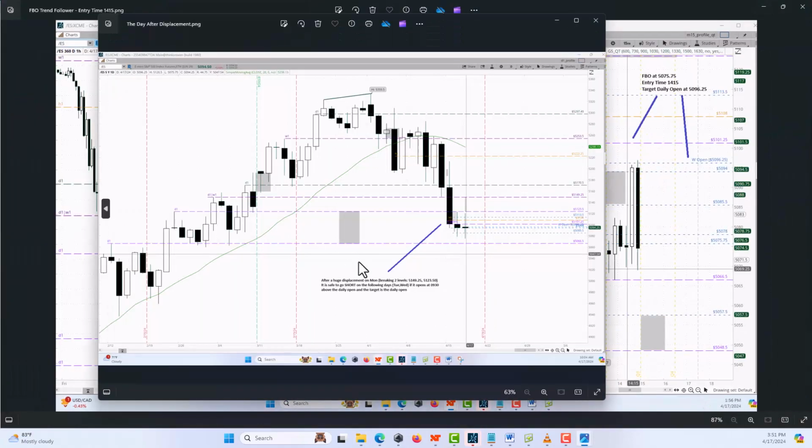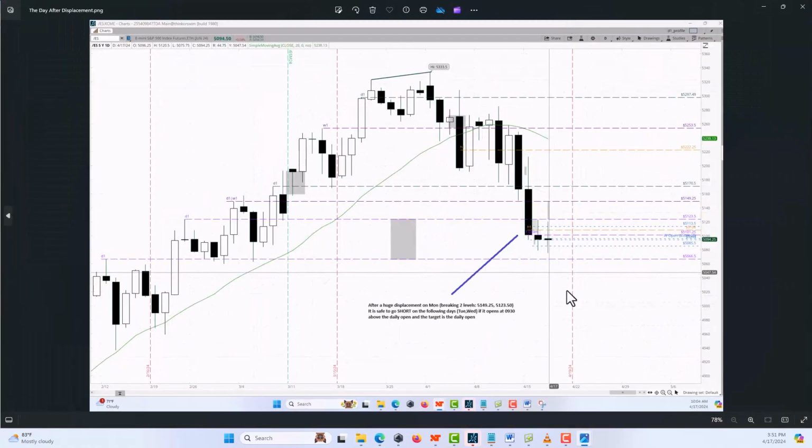And another thing we learned is the concept right here. After a huge displacement on Monday, it broke out two key levels, which are 51.49 and then 51.23. From what we learned today, it's safe to go short on the following day, which is Tuesday or Wednesday, if it opens at 9:30 above the daily open, and the target is the daily open.